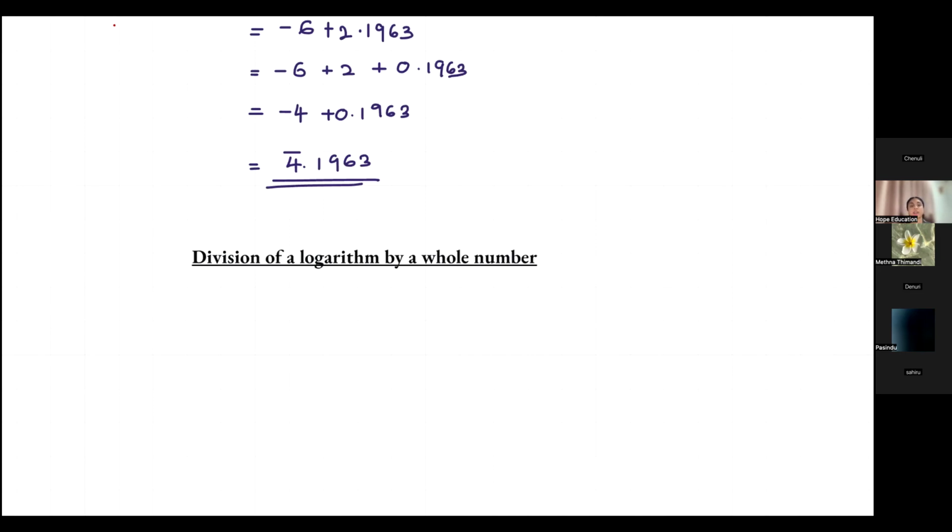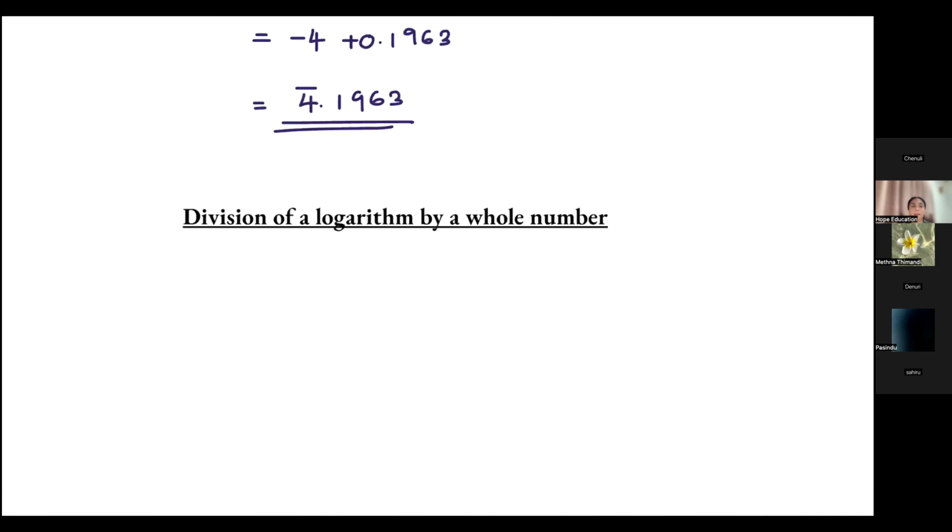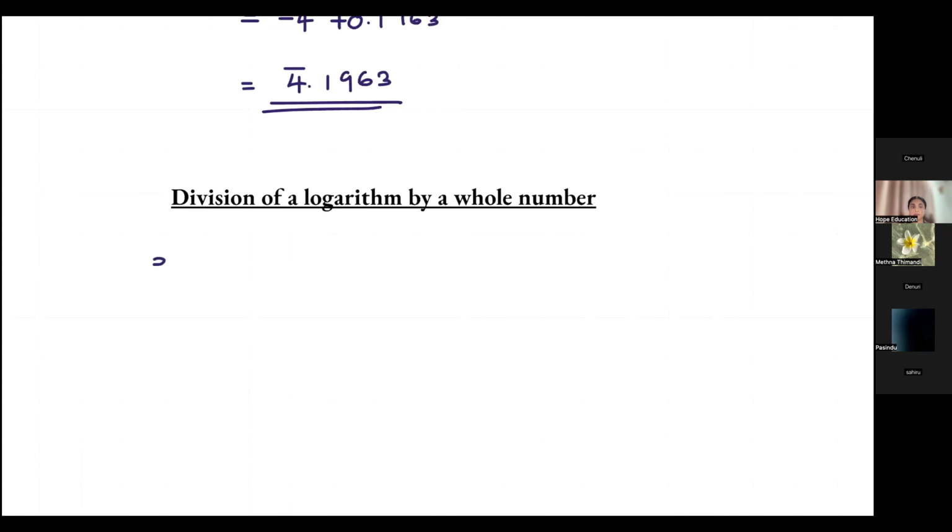Put example. Okay, don't write now. Just listen. Example 1. I will discuss the same examples that are in the textbook because there are certain things that we need to pay attention to.